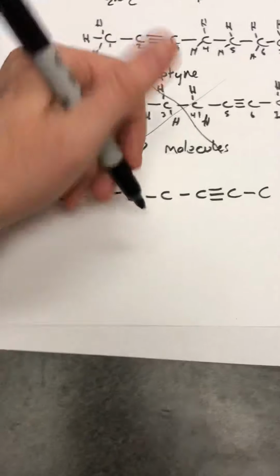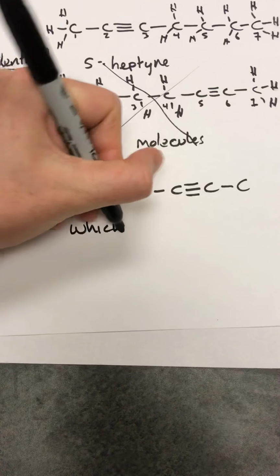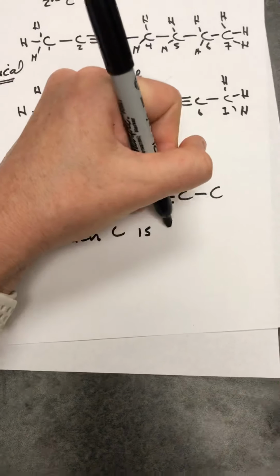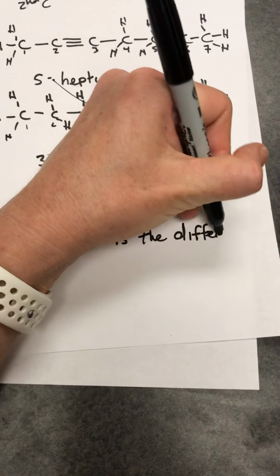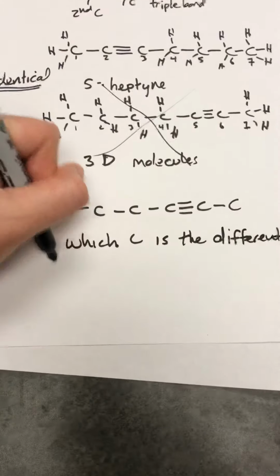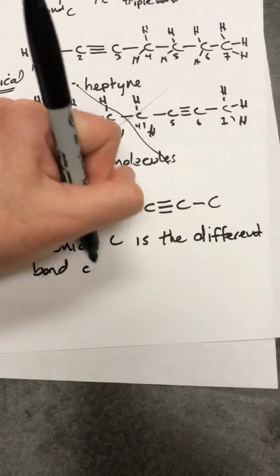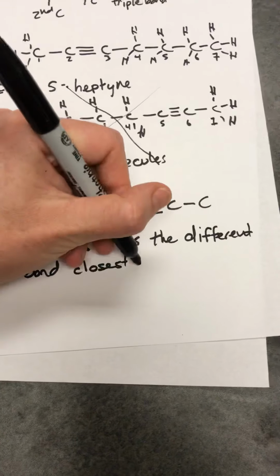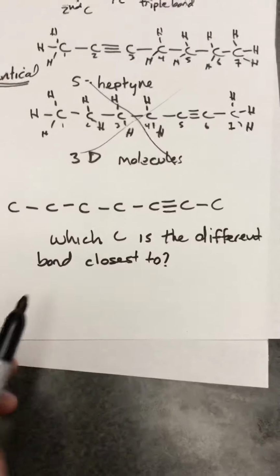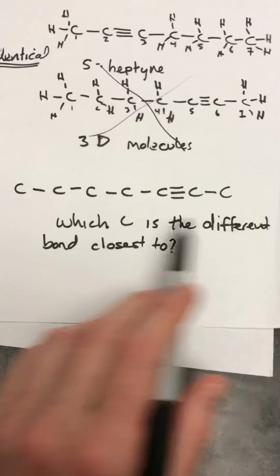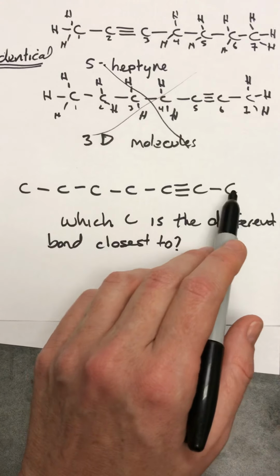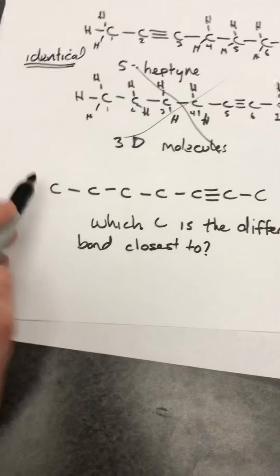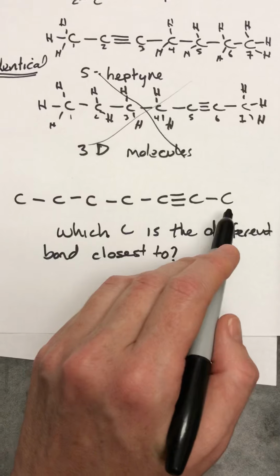So we see which carbon the different bond is closest to, and you're going to start with that one being 1. So we had a choice. We could either make this a number 1 or this a number 1.